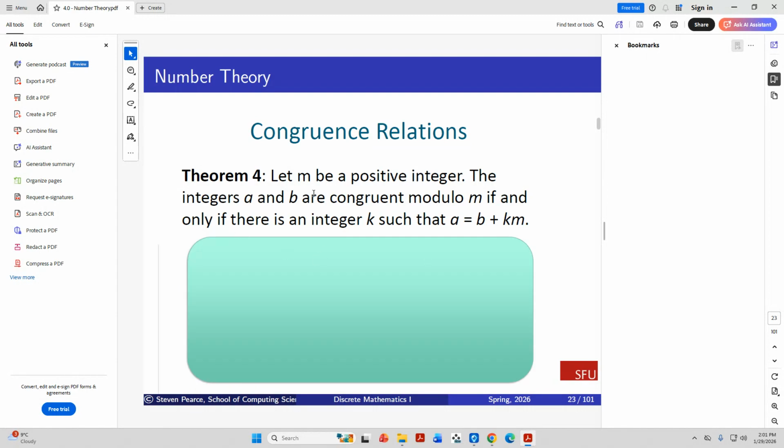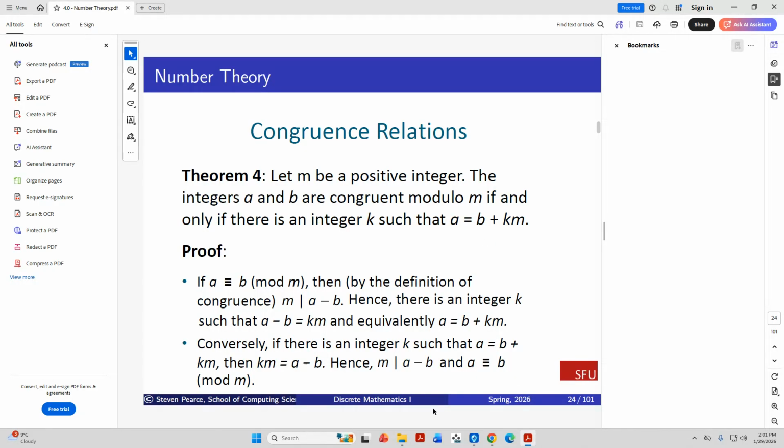If we have integers a and b, if they're congruent modulo m, then there is an integer k such that a equals b plus km. Conversely, if there's an integer k such that a equals b plus km, then km equals a minus b, and hence m divides a minus b.